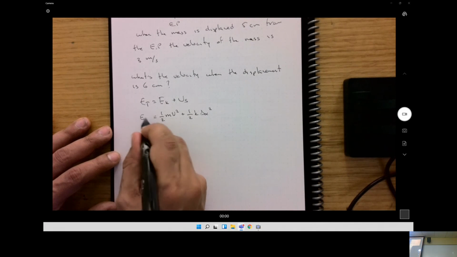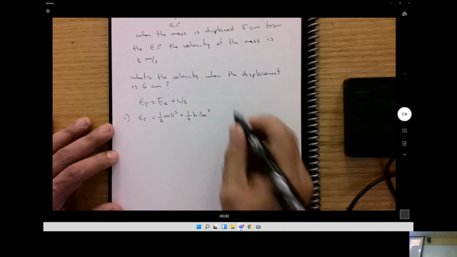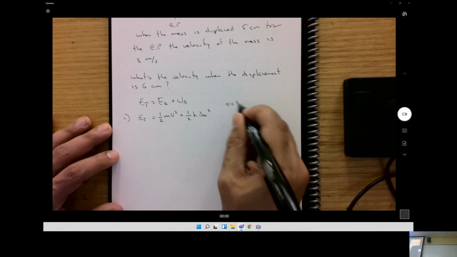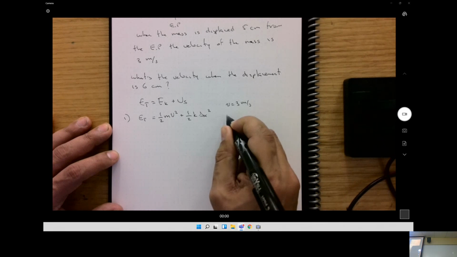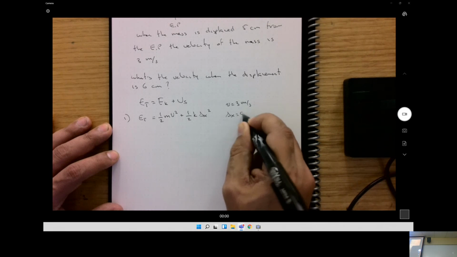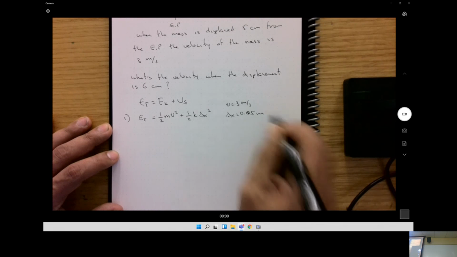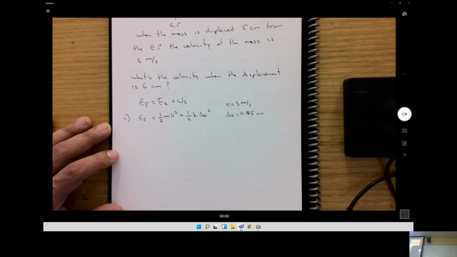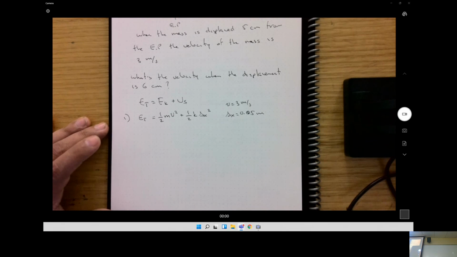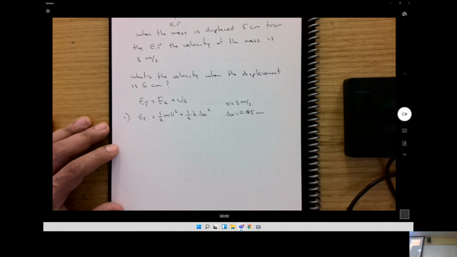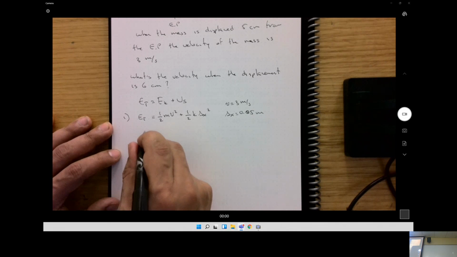So on your first step, you know that the velocity is going to be 3 meters per second, and you know that delta x is going to be 5 centimeters. I have to write it in meters. So using these two, I can calculate the total energy.